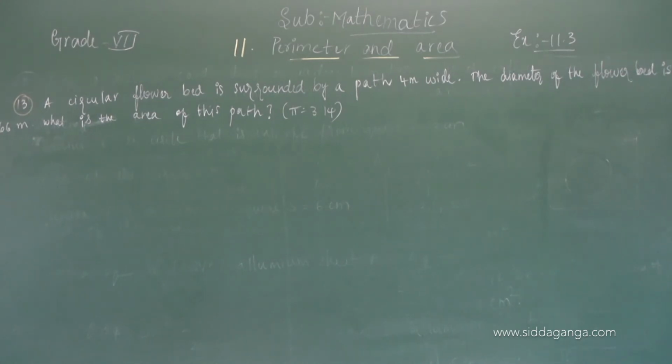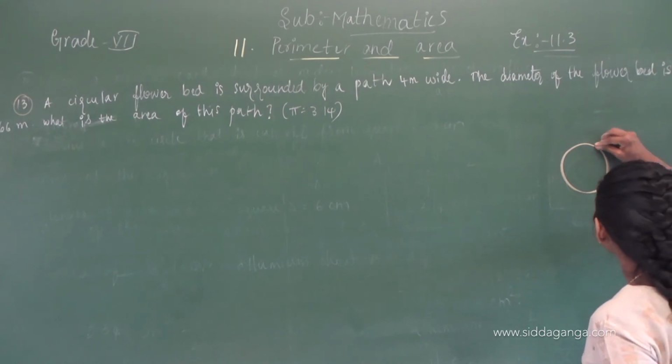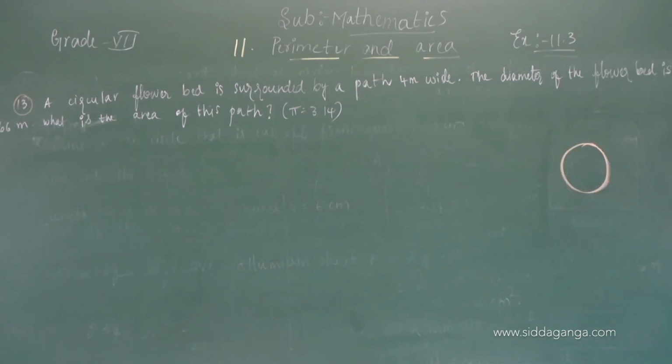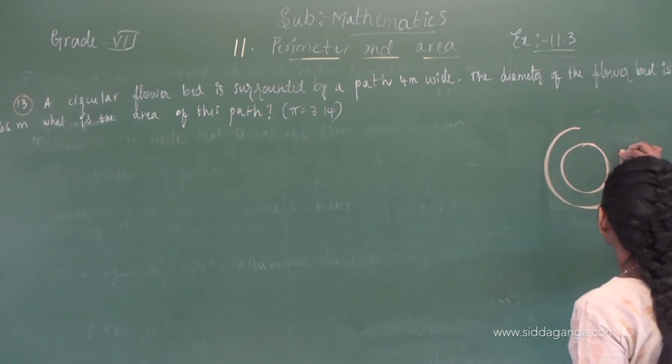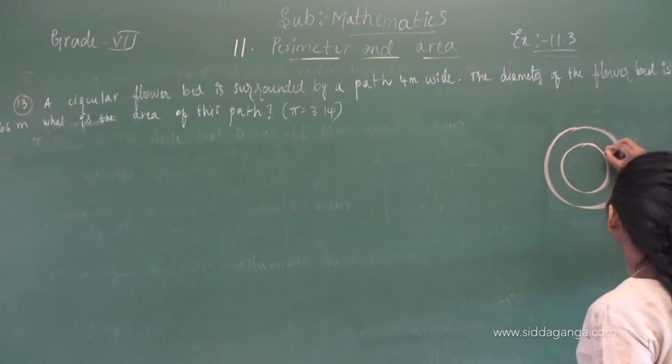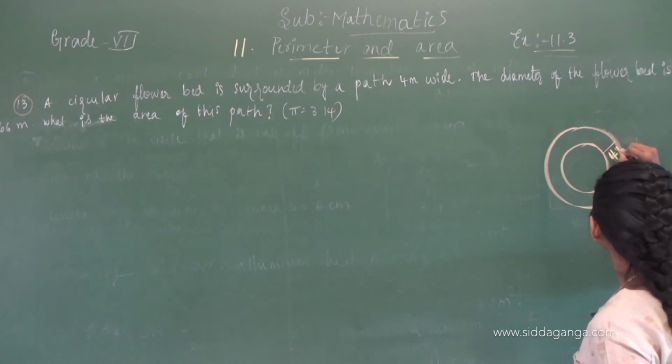One circular flower bed is there. It is surrounded by a path. They have constructed a path around that circular bed with a width of 4 meters.